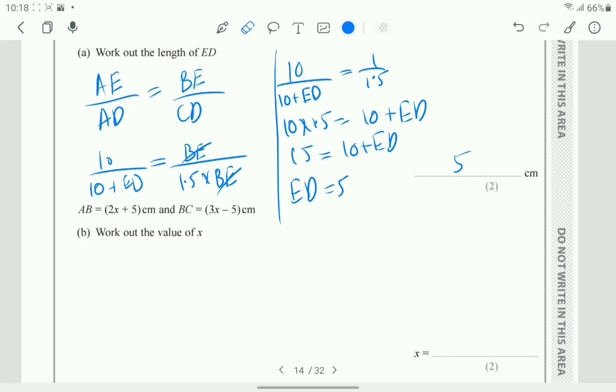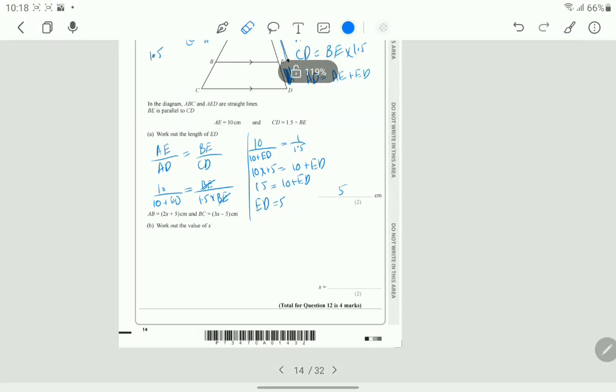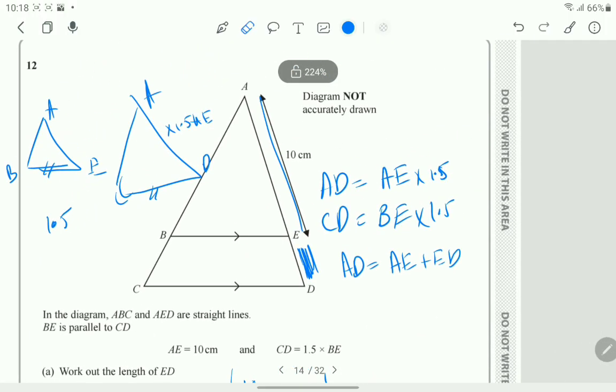The next part states that AB equals 2x plus 5 centimeters and BC equals 3x minus 5 centimeters. Work out the value of x. Going back to my shape, AC would practically be AB plus BC, and we have the values of AB and BC.